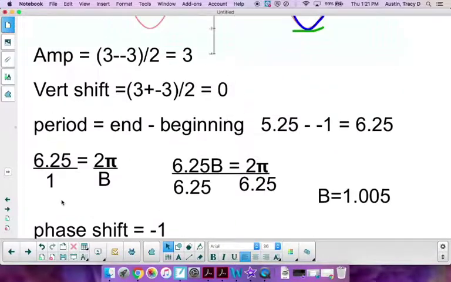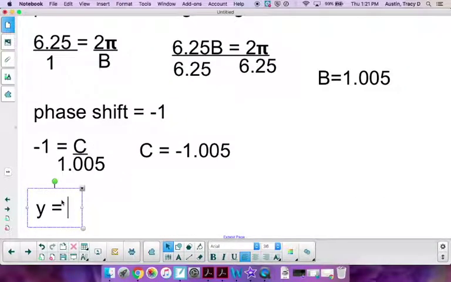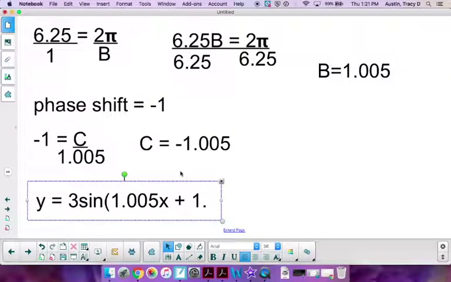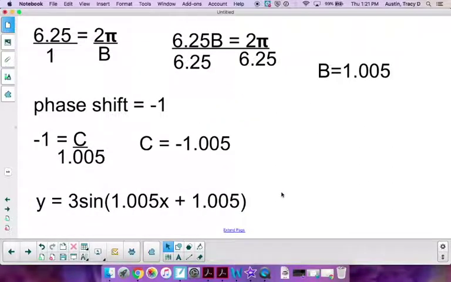So y equals, amplitude is 3, sine, and b is 1.005 x. And since our phase shift is negative, it goes positive in the equation. And there is no vertical shift, so it's +0. So that's the actual equation.